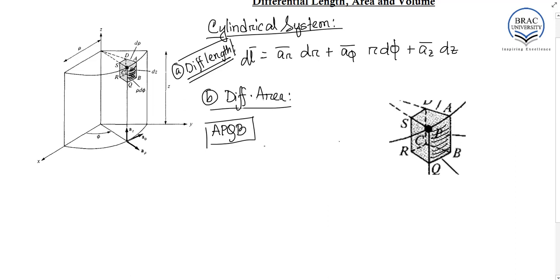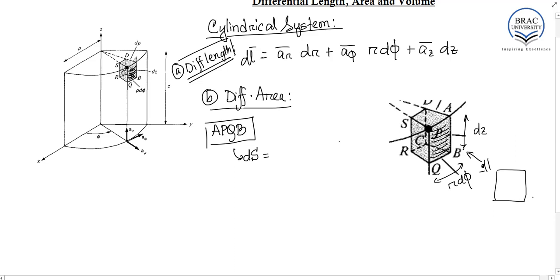All right, so the area of this tiny part is given by the dimensions multiplied. So AB is equal to dz, and QB, as we've shown earlier, is equal to r d phi. So if you look from this direction, you'll see it as a rectangle that has a width of dz and a length of r d phi.